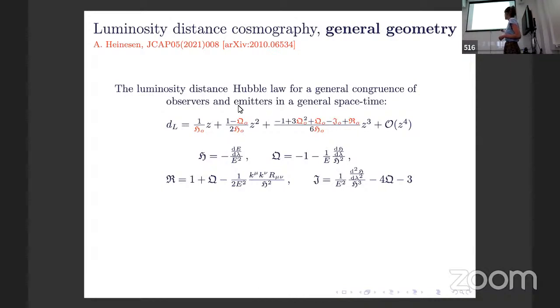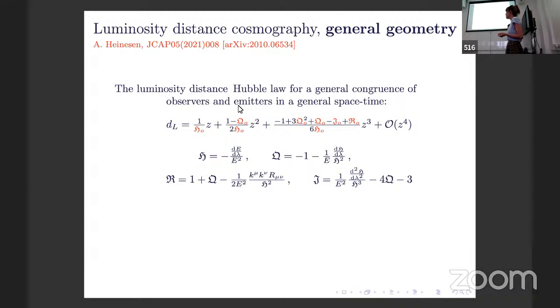So we can formulate how these effective cosmological parameters look for the arbitrary geometrical setting. Here I assume that emitters and observers are given in a general relativistic continuity or congruence description.